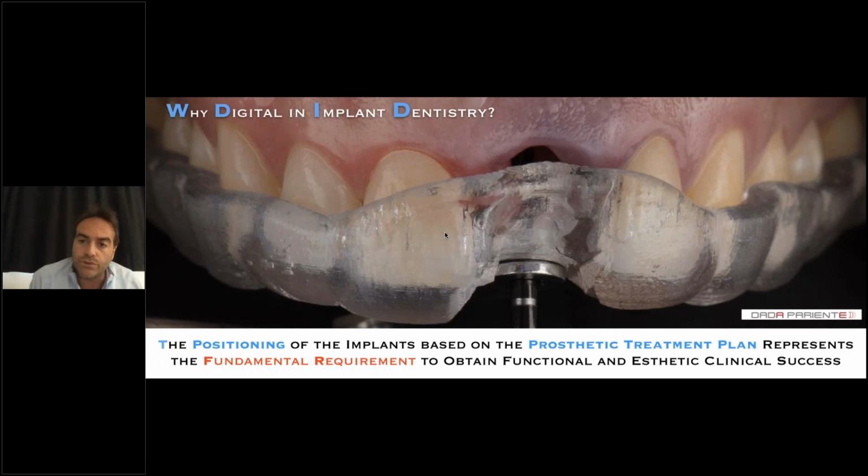And if we have the opportunity to combine all the different diagnostic evaluations to create a guide that helps us place the implant properly, we are automatically decreasing, or at least minimizing, the risk of failures and possible complications.